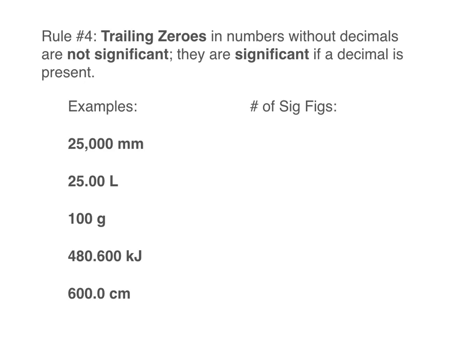So trailing zeros. So remember, we had leading zeros, those appeared at the beginning of a number. Trailing zeros appear at the end of a number. Now the reason why this one is confusing to most people is just because there are 2 parts to it. So if a number does not have a decimal, these trailing zeros are not significant.